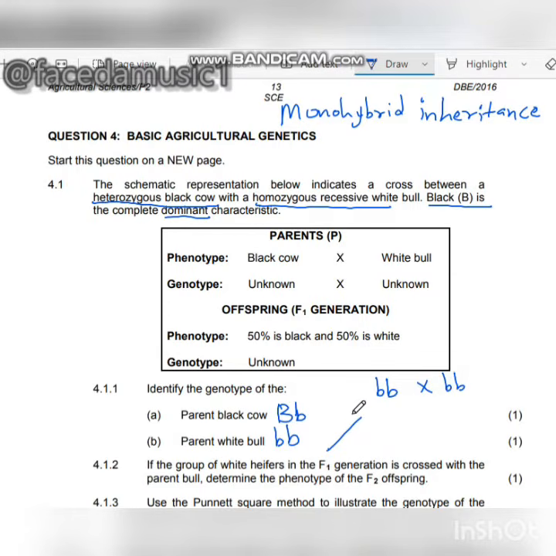That means we're going to use two small letters. Now the cross will be as thus. So as you can see, all the offsprings are identical. That means we have all white offsprings in the F2 generation.